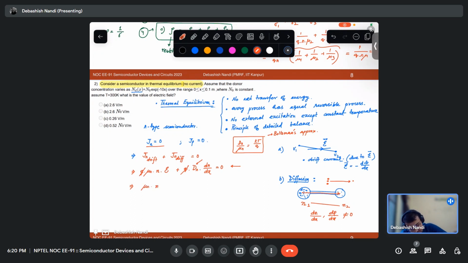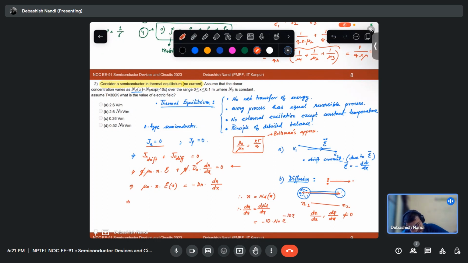Mu n into E of x is equal to minus Dn dn over dx. I can assume my n equals Nd of x. So dn of dx would be dNd of dx, that is equal to minus 10 n0 e to the power minus 10x.